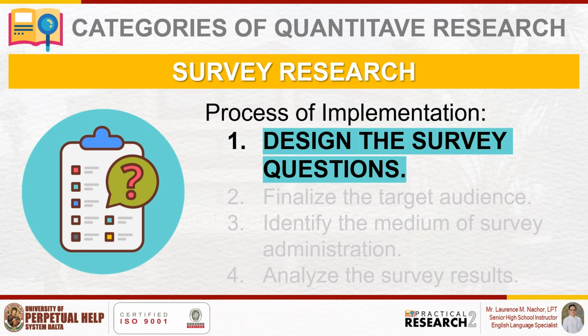Take note, anchor your survey questions on the research objectives or statements of the problem, and make sure that the survey questions are grammatically and logically appropriate. Another thing is you have to consider the respondent's ability to answer the questionnaire within the allotted time.